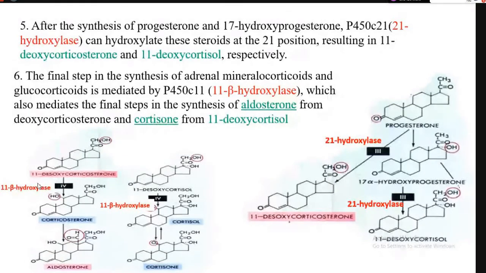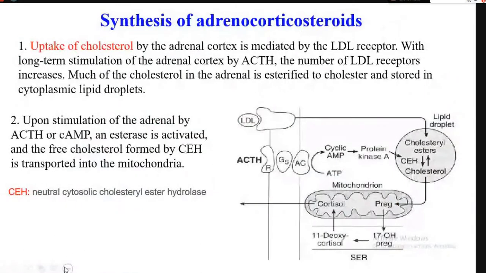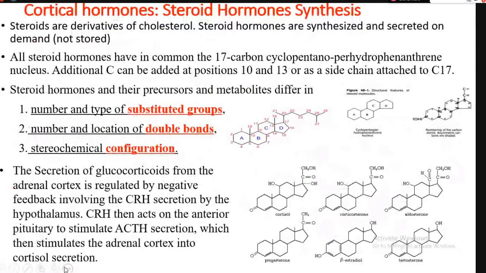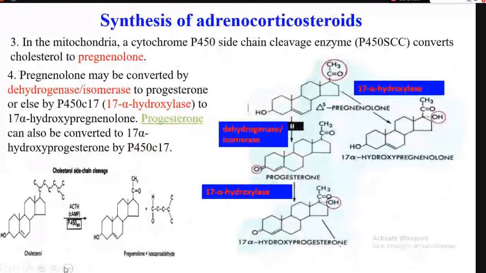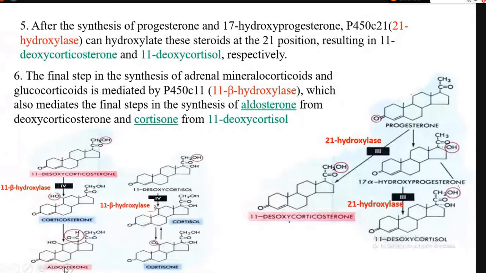There is an enzyme called 11-beta hydroxylase which changes deoxycorticosterone into corticosterone, and 11-beta hydroxylase also changes deoxycortisol into cortisol.